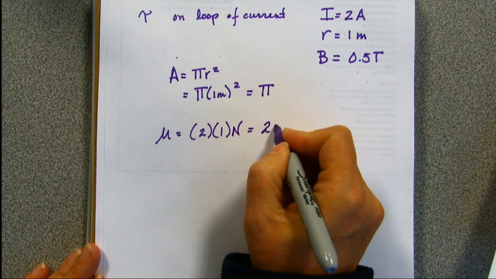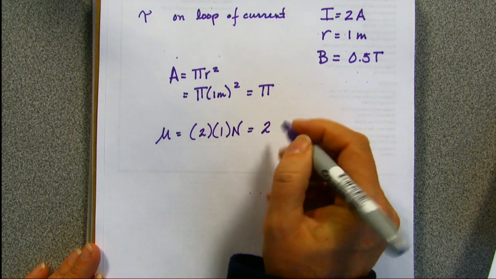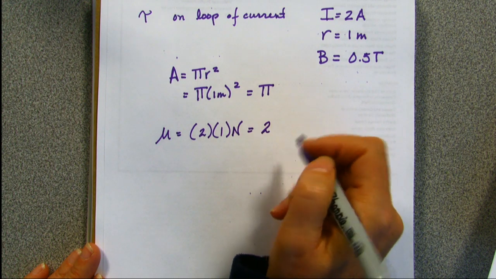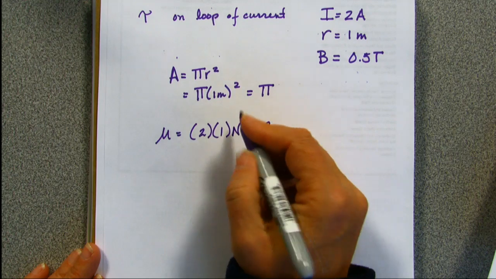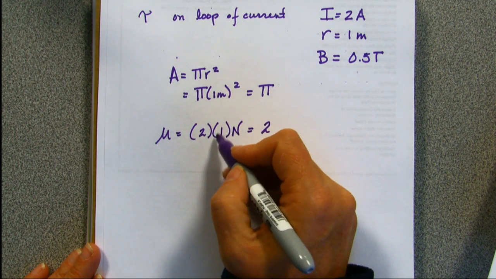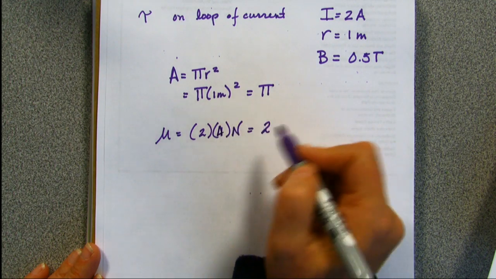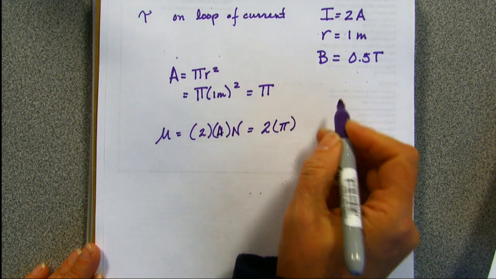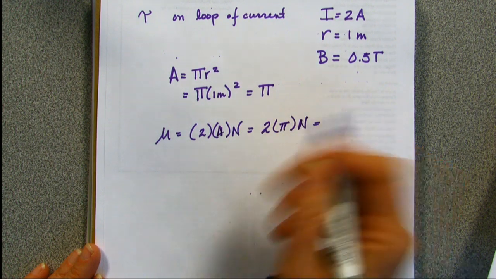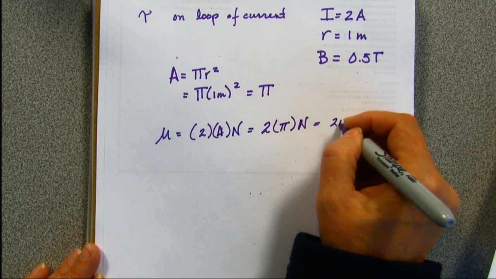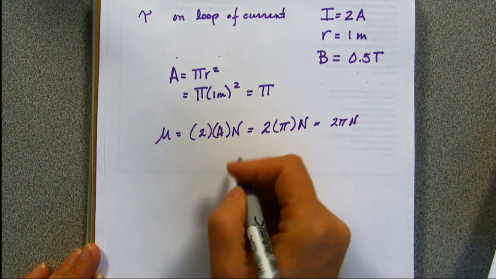So that gives me 2 pi n, which is my magnetic moment.